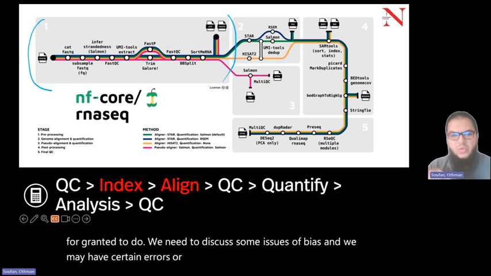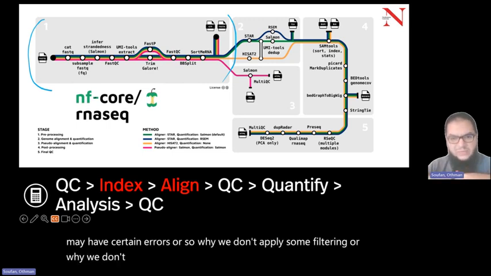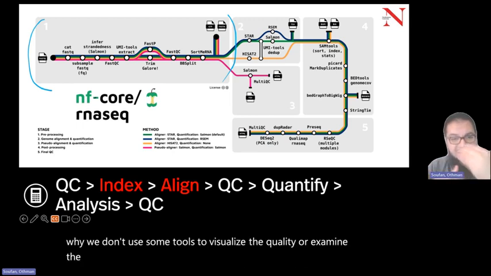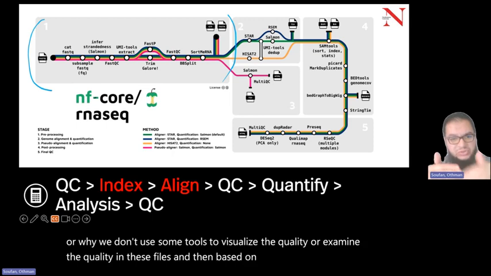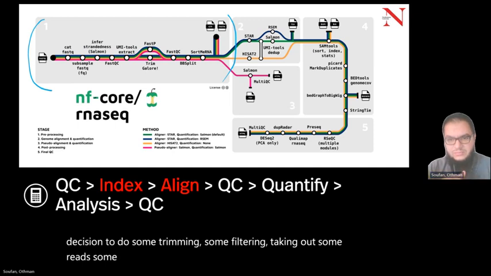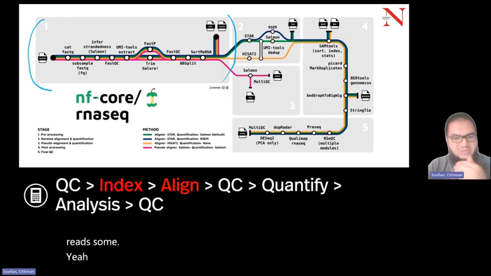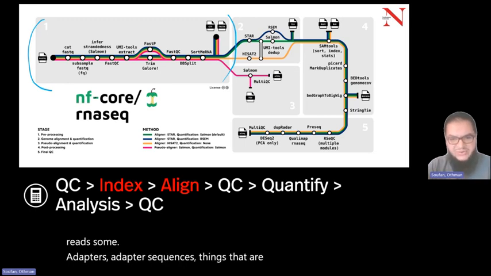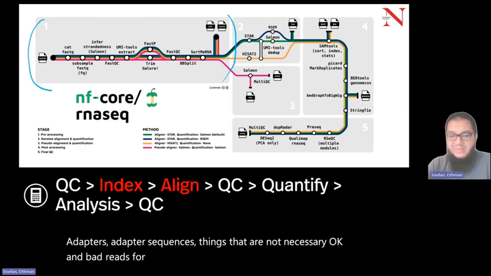So why don't we apply some filtering, or use some tools to visualize and examine the quality in these files, and then based on that, make some decisions to do some trimming, some filtering, taking out some reads, adapter sequences, things that are not necessary, and bad reads, for example, correcting for sequence errors, and so on and so forth.